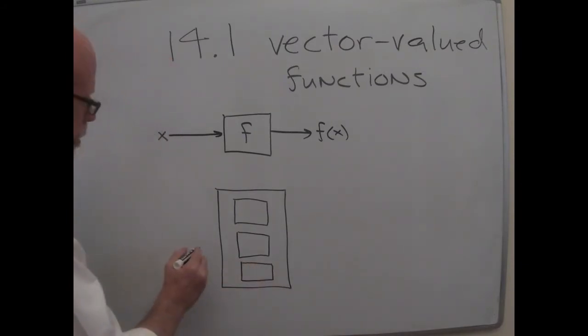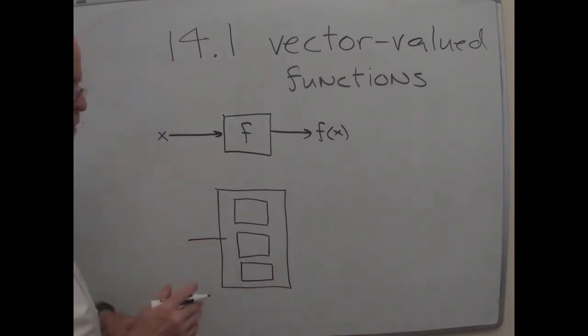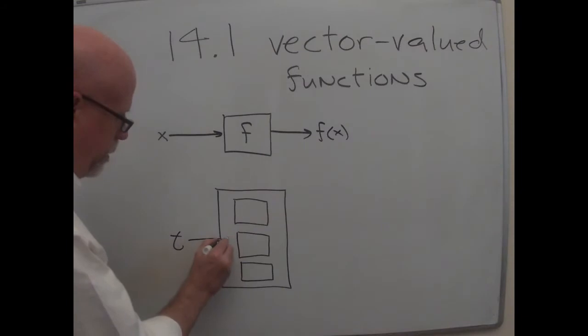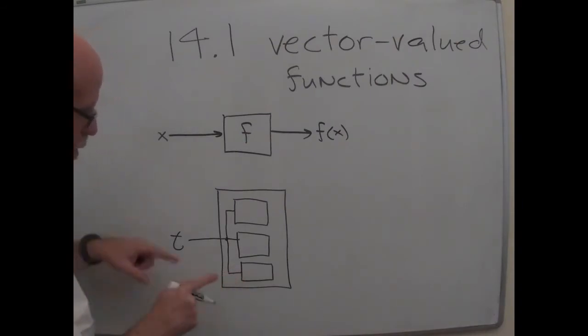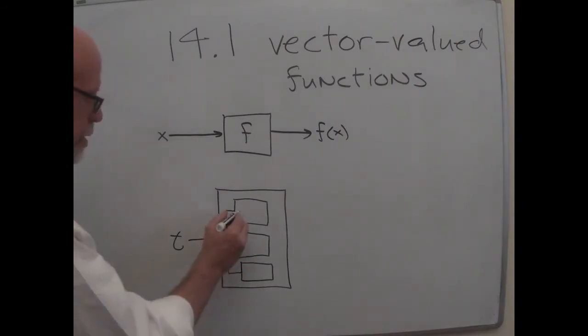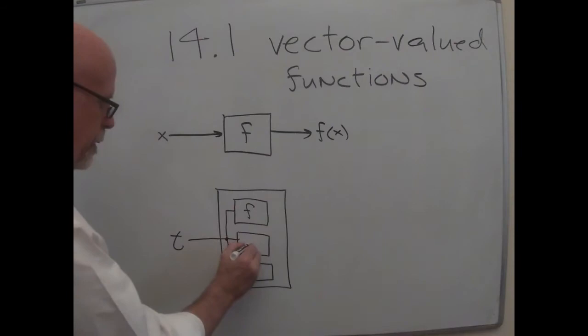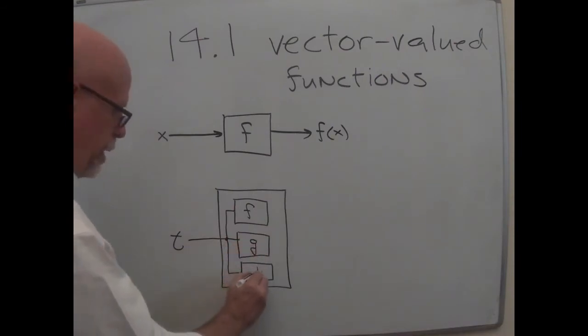For reasons that'll be clear soon, I'm going to use t as the input parameter. And the first thing that happens is you branch off, think of it as a wire, and you make connections to each of these functions. How about f, g, and h?